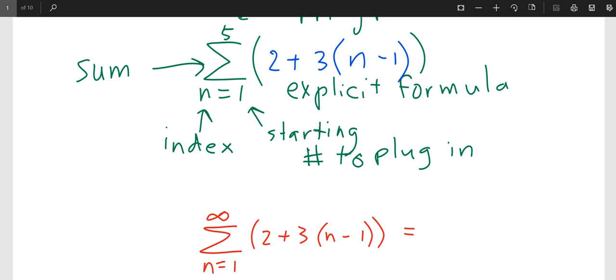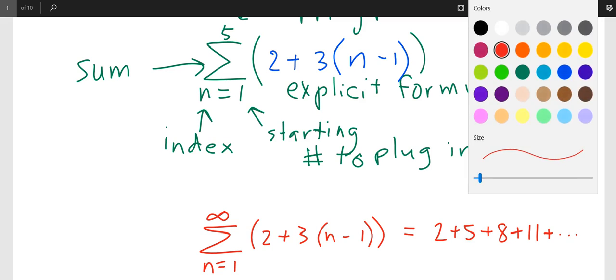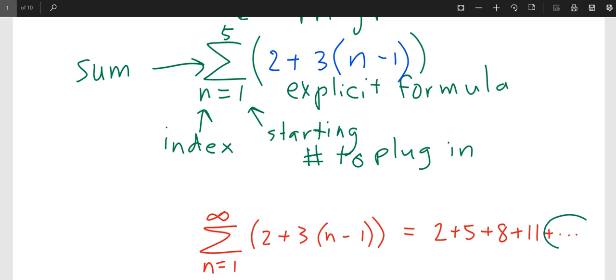Well, I could write it out in an abbreviated fashion. We start with 2 and 5 and 8 and 11, and pretty soon, I'm going to want to stop writing because that thing goes on forever. What I want you to notice is that the ... at the end is telling me that it's infinite.